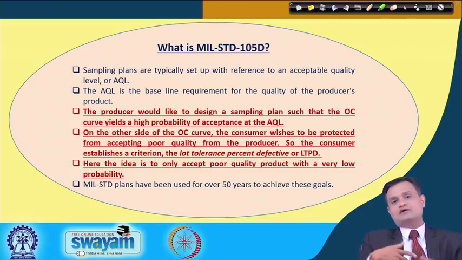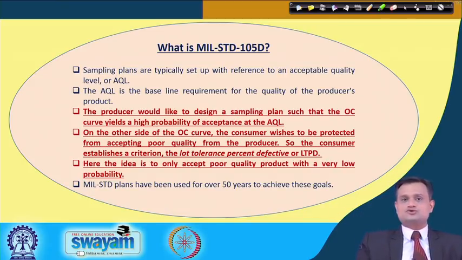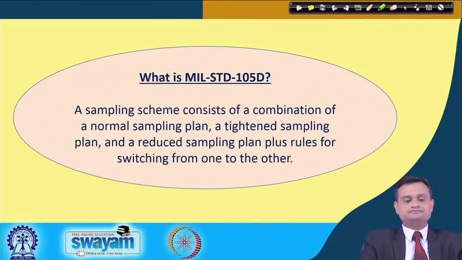Obviously, I have to look into these two aspects, and then think about the sampling plan. MIL STD 105D plans have been used over 50 years with many modifications. They try to address these issues.